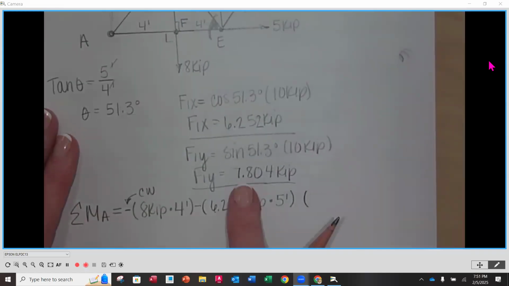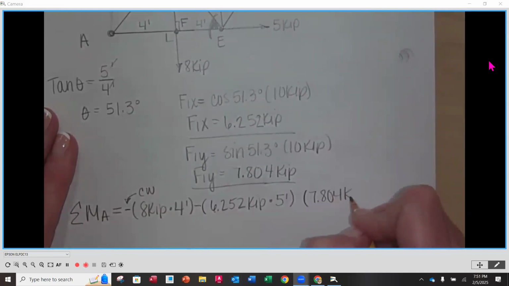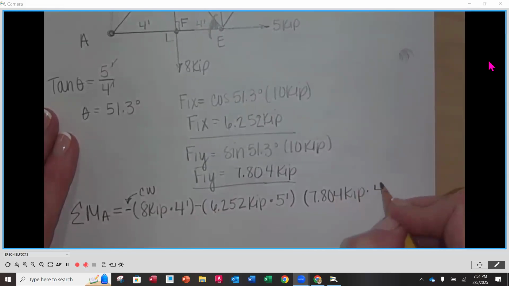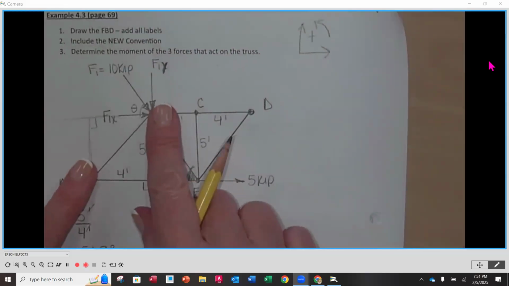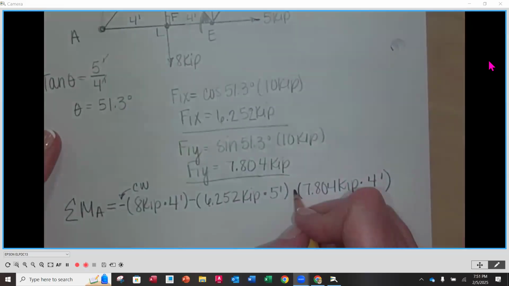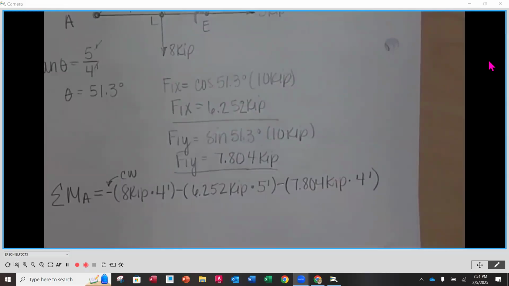So the magnitude of F1Y, 7.804 kips, times the perpendicular distance of 4 feet. Again, it's going to go in a clockwise direction, so negative out front.